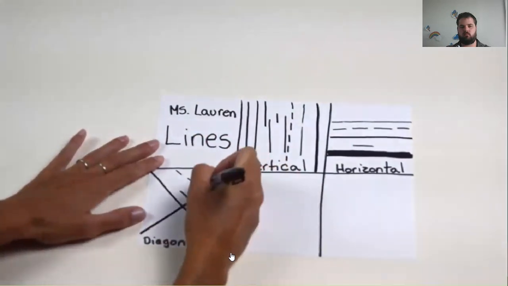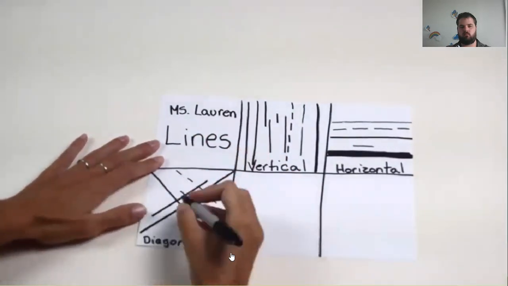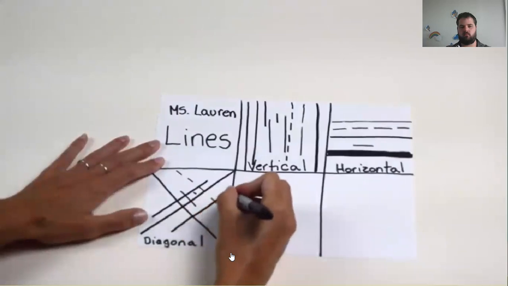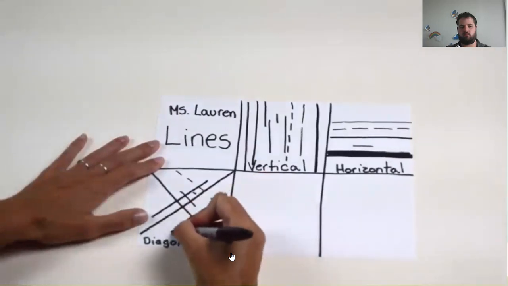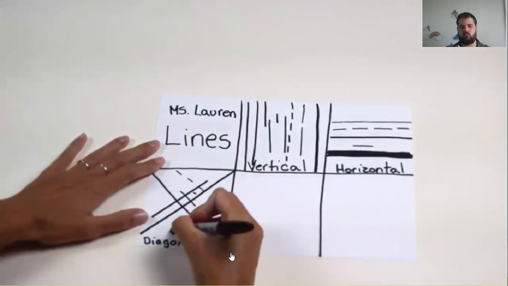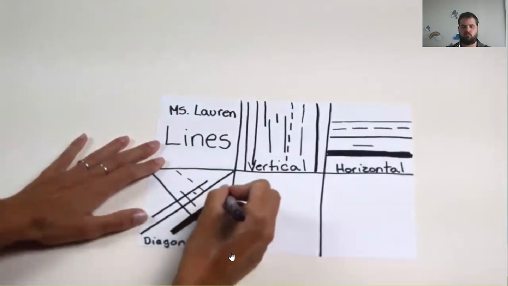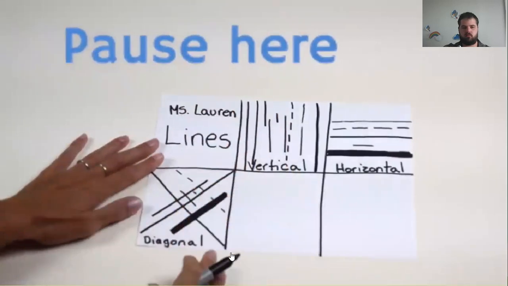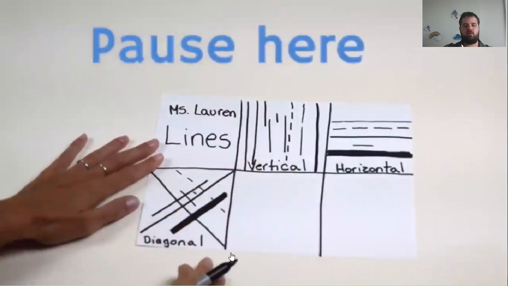It can be fat or bold and thick. These are all types of diagonal lines. So go ahead and practice your diagonal lines in the box below your name. These are called diagonal lines.